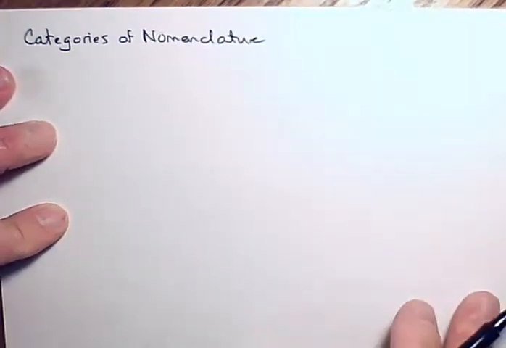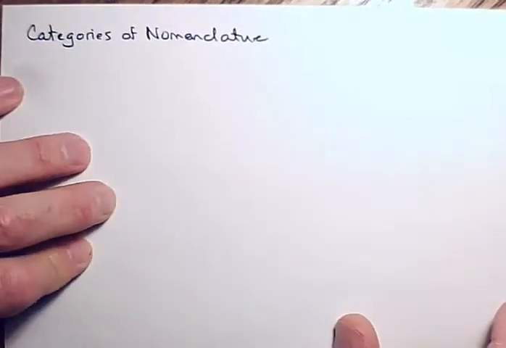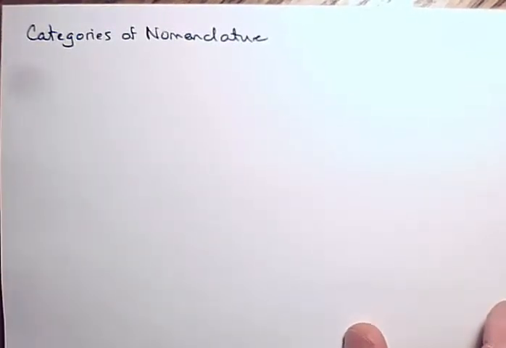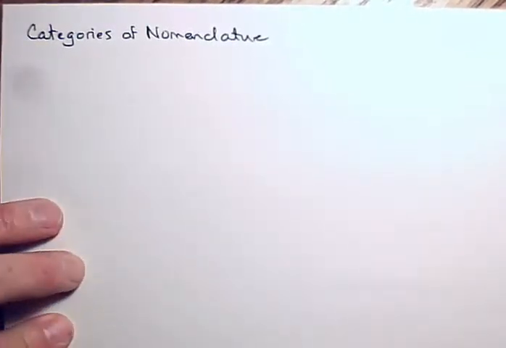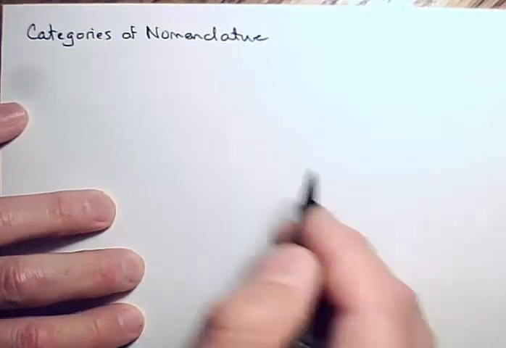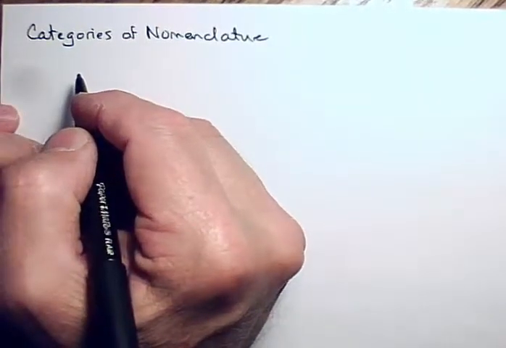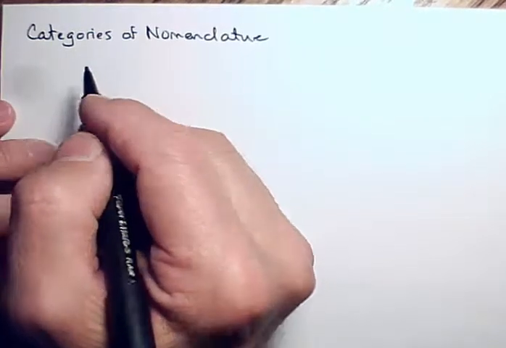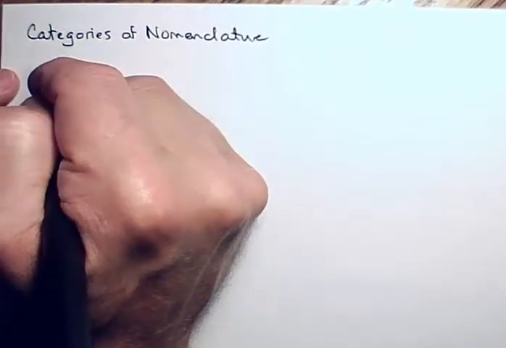All right, so we're going to look at categories of nomenclature here. In this class, at this point in time, we have 4 categories. We've got molecular compounds that are non-organic. These are covalent compounds.